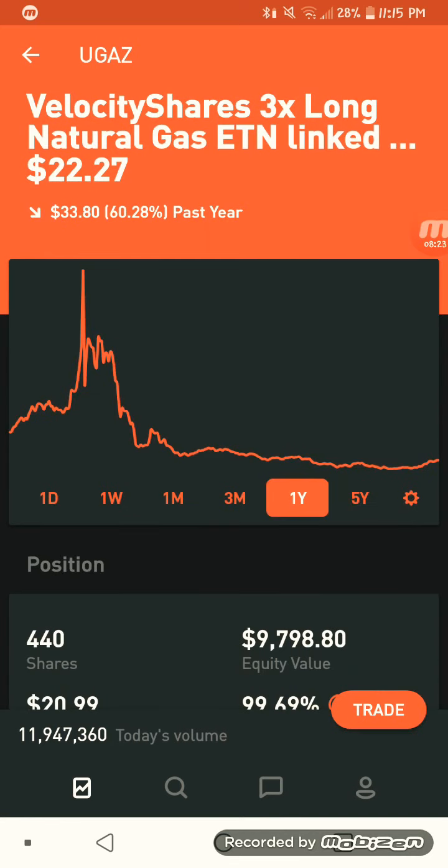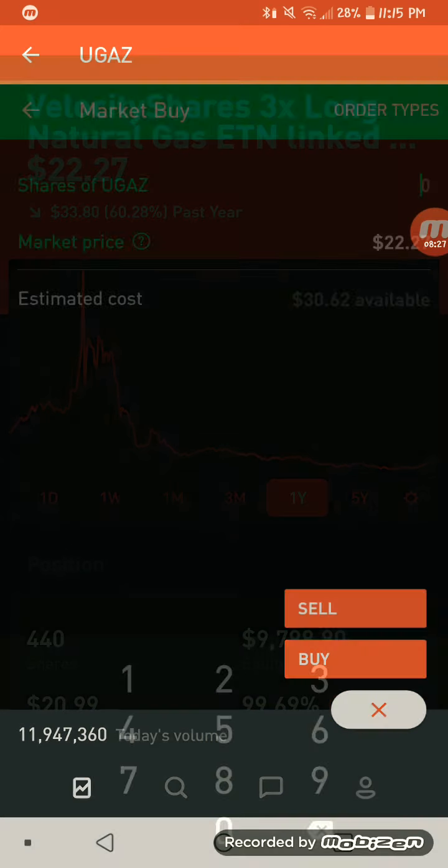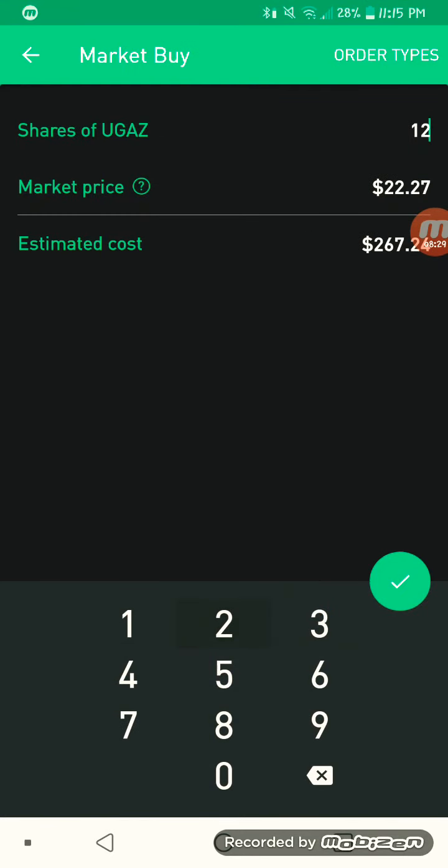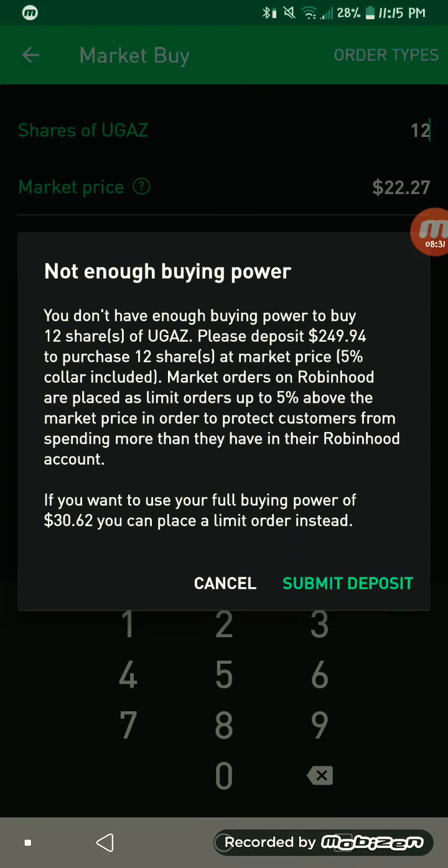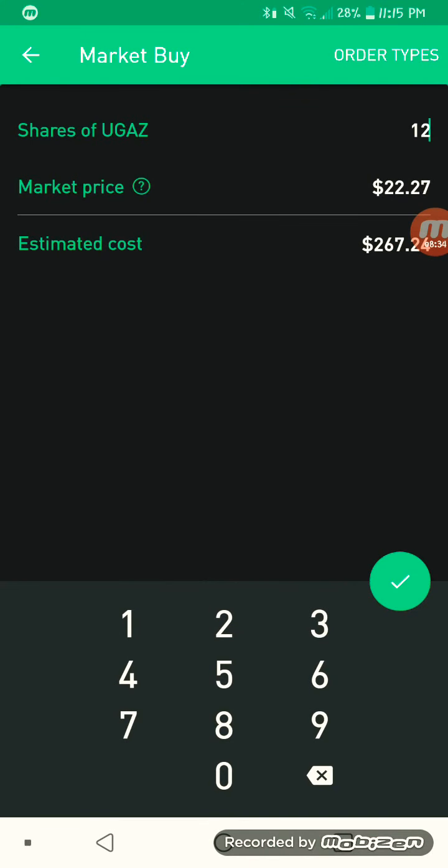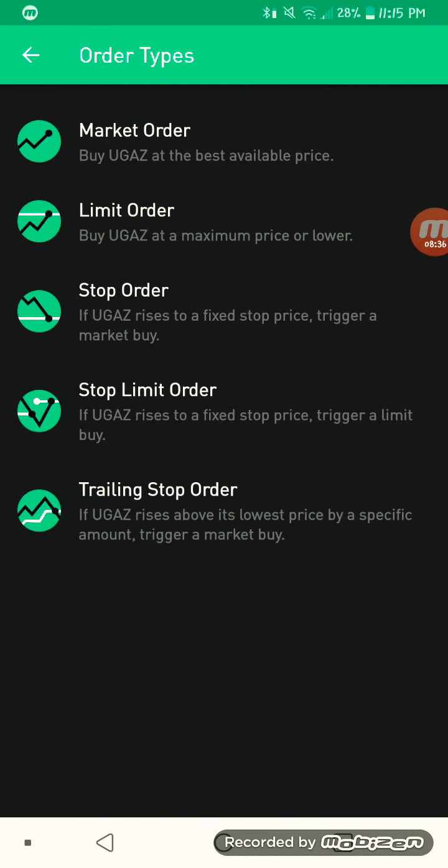And if you want to place a trade, you hit trade, and you can buy a share or 2, 12, and then just check market, and then swipe up. And there are different order types. You can look this up yourself, but there's a market order, which sells at the current price of the market.